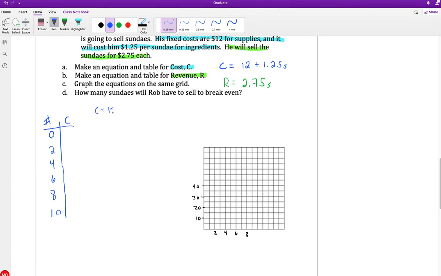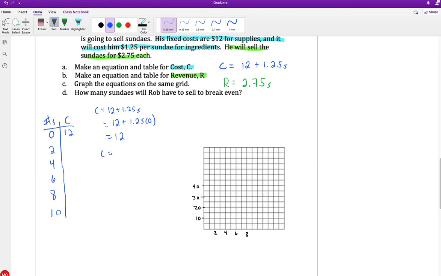So my cost equals 12 plus 1.25 S. So this is our number of Sundays. So 12 plus 1.25 times 0. Anything times 0 is going to disappear. So that's just going to equal 12.